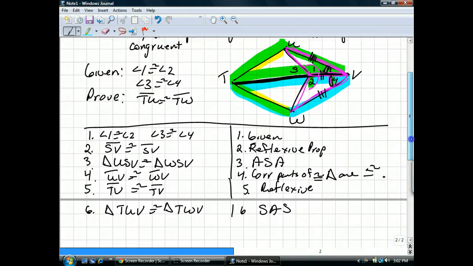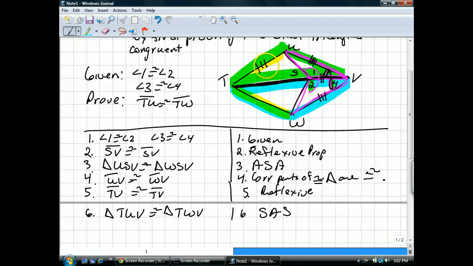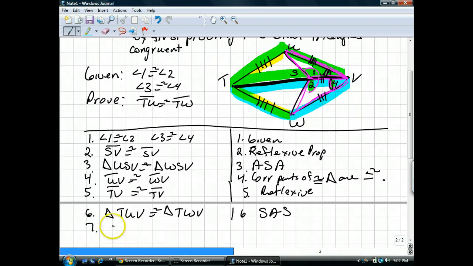Now that the two big triangles are congruent, now I have this congruent to that because of corresponding parts of congruent triangles. So now I can say TU is congruent to TW by corresponding parts of congruent triangles are congruent.